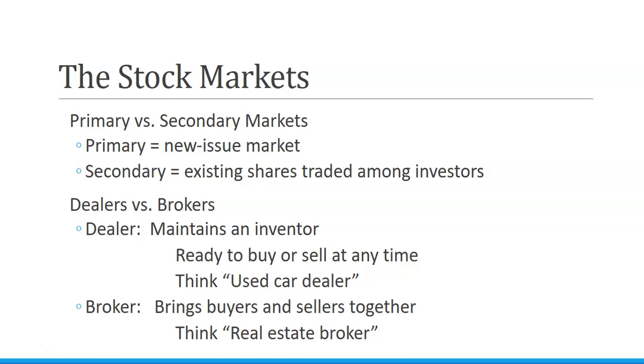A dealer is ready to buy or sell at any time, and a broker brings buyers and sellers together. So if I wanted to buy stock on the secondary market, I would do it through a dealer, and dealers bring the buyers and sellers of the stock together.